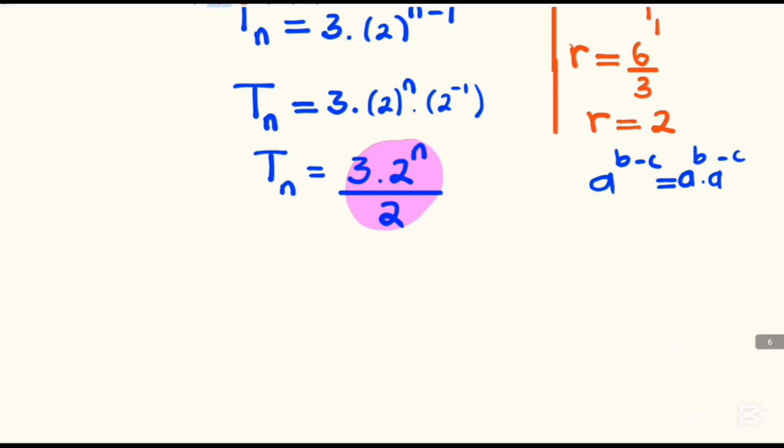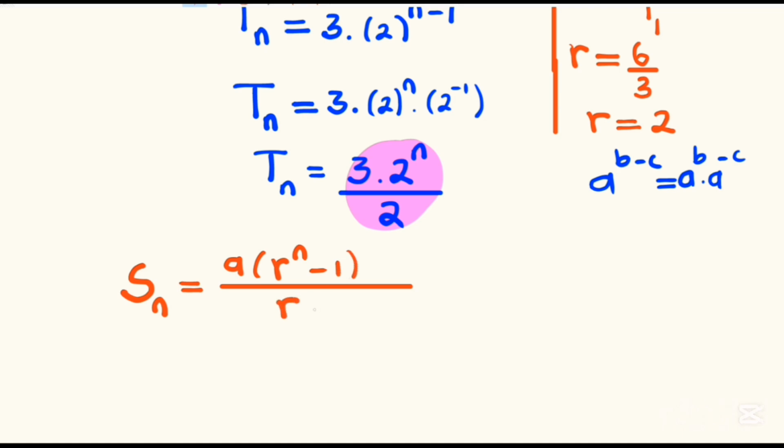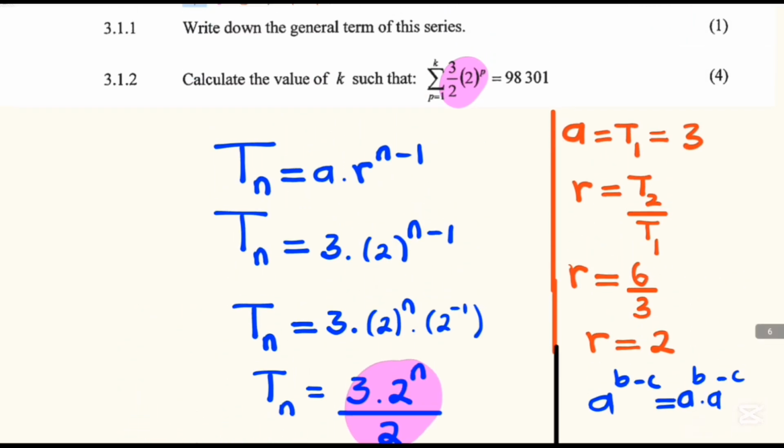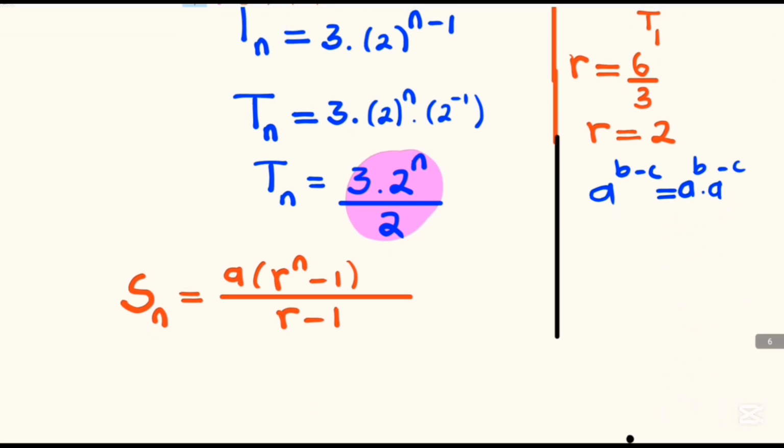So the sum of a geometric series, we have Sn is equals to a multiplied by r raised to the power n minus 1 divided by r minus 1, and the Sn was equals to 98,301.